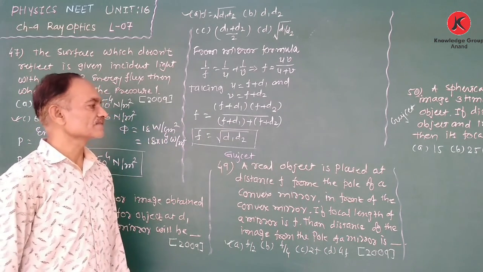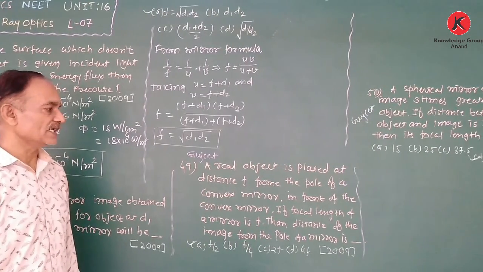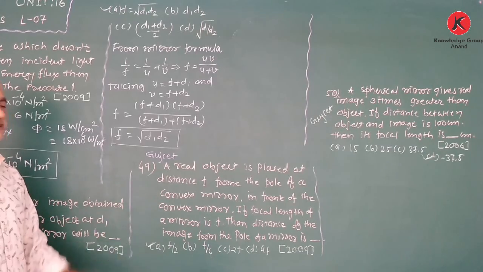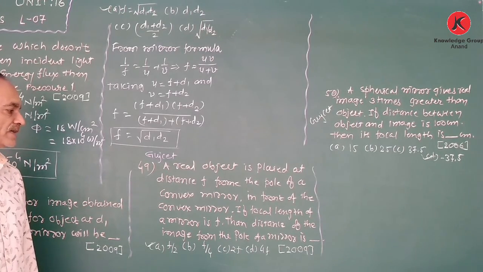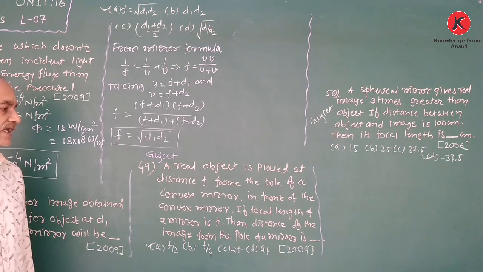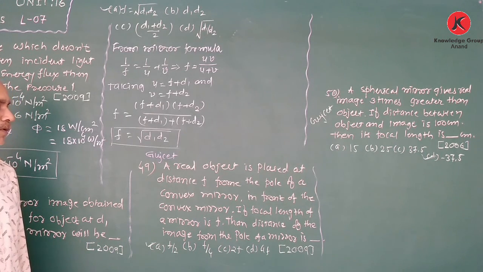Now next: a real object is placed at distance f from the pole of a convex mirror in front of the mirror. If the focal length of the mirror is f, then what is the distance of the image from the pole of the mirror?